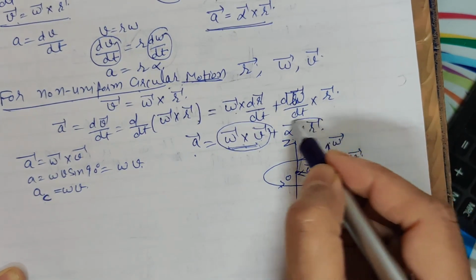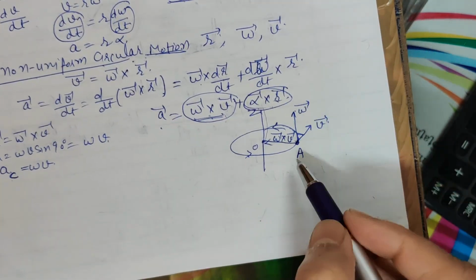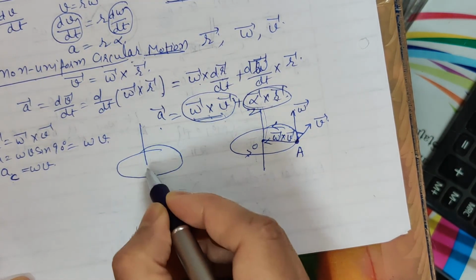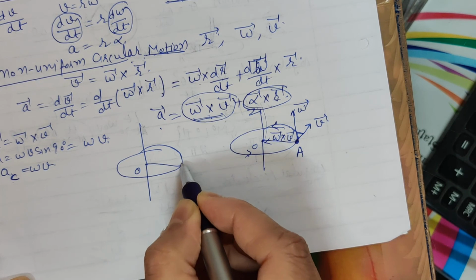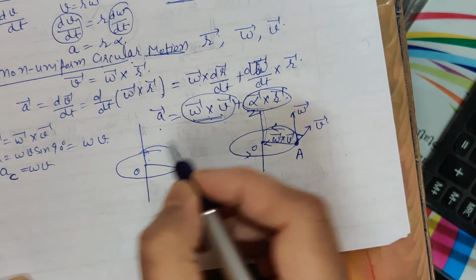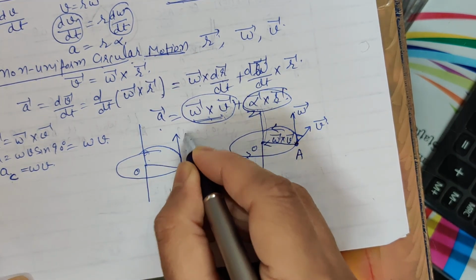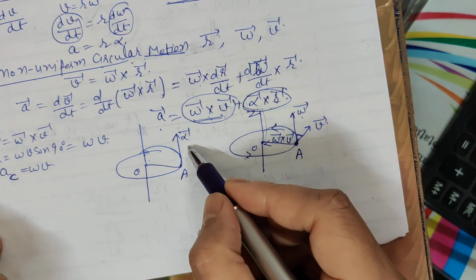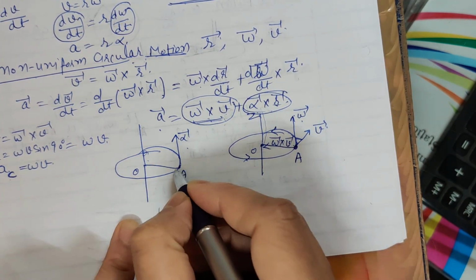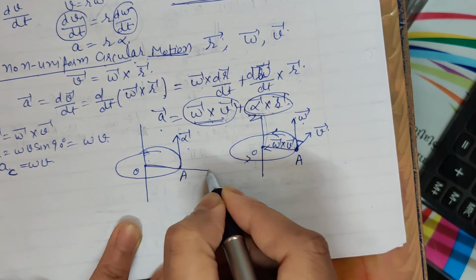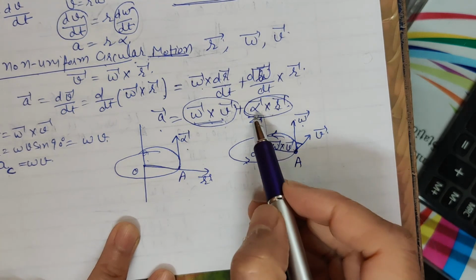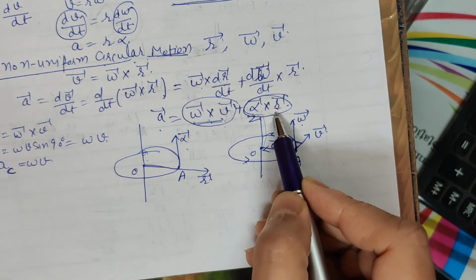Now again we consider the point A. The angular acceleration alpha is in the direction of the omega vector. Now this is the radius position vector, and this is alpha vector cross r vector.